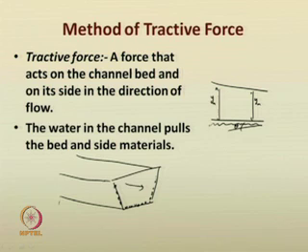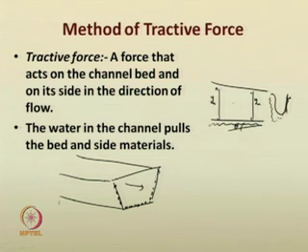You can consider any arbitrary cross section; it need not be a regular cross section like trapezoid, rectangle or triangle. Even any shape, if it is prismatic throughout the stretch, can have uniform flow, and you can consider the depth between two reaches.